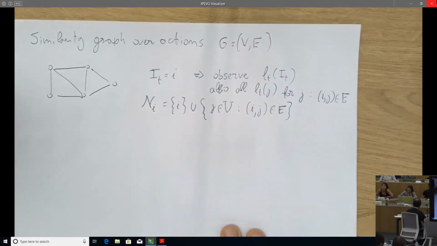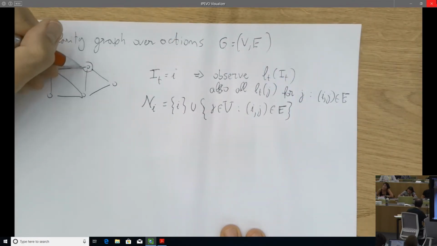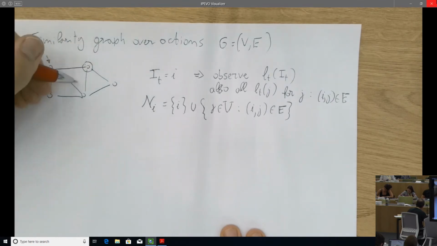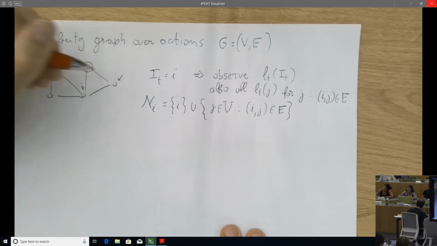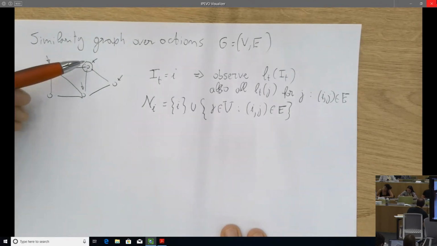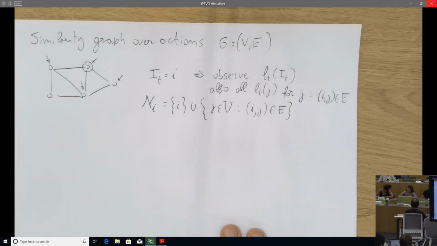So again, if I pick this action, I'm going to suffer this loss, but I also observe the losses of this guy, and this guy, and of course the loss of this guy. So I pay the loss of the action I choose, but I observe the loss of the action I chose and also the losses of the actions in the neighborhood of the action I chose. Because they're similar, I can infer, okay?